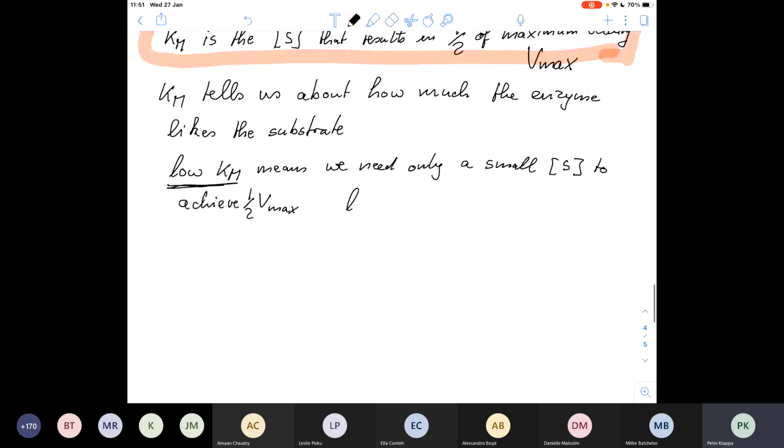So low Km, and let's phrase it a little bit more scientifically, enzyme has high affinity for the substrate. So low Km, high affinity. It likes the substrate very much.